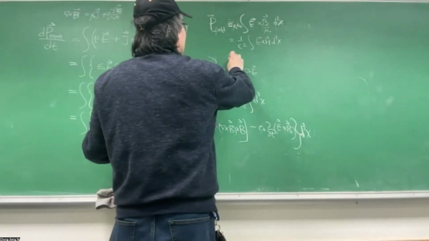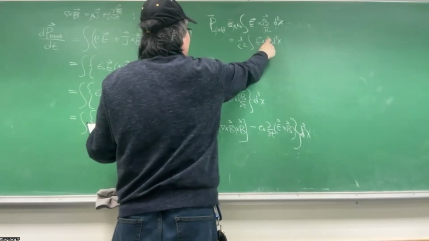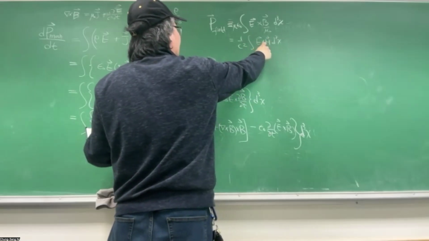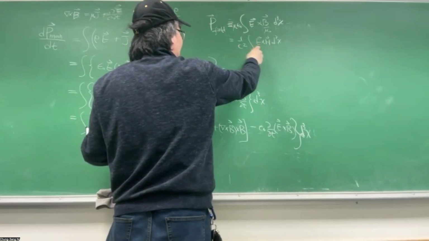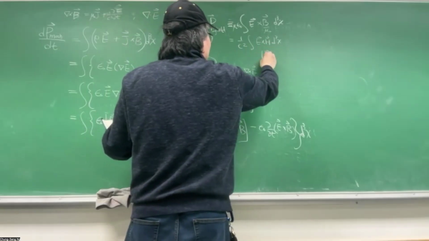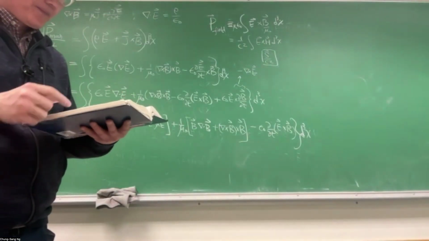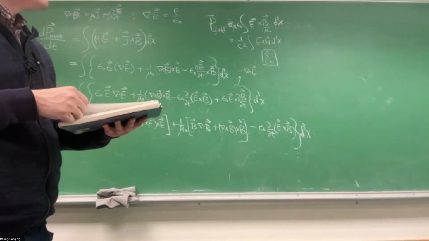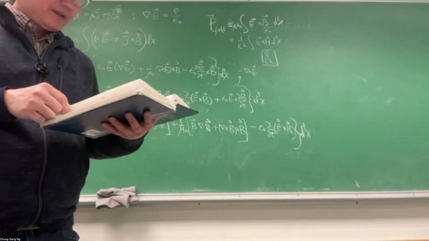And likewise, you can define the momentum density. Momentum density is whatever is in the integral. So the field momentum density is E cos H over c squared, or S over c squared. This S over c squared is the field momentum density.